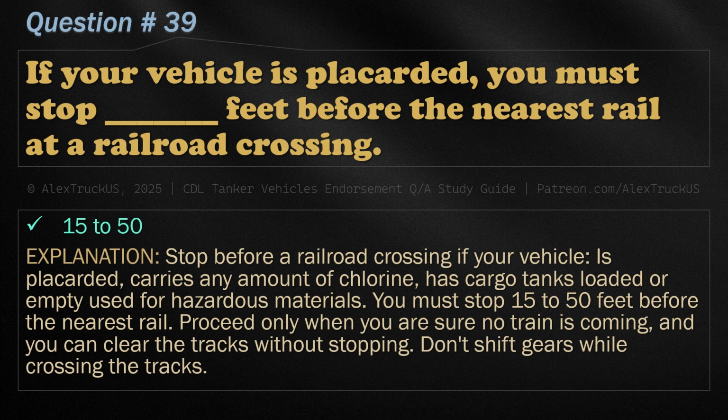Stop before a railroad crossing if your vehicle is placarded, carries any amount of chlorine, or has cargo tanks loaded or empty used for hazardous materials. You must stop 15 to 50 feet before the nearest rail. Proceed only when you are sure no train is coming, and you can clear the tracks without stopping. Don't shift gears while crossing the tracks.